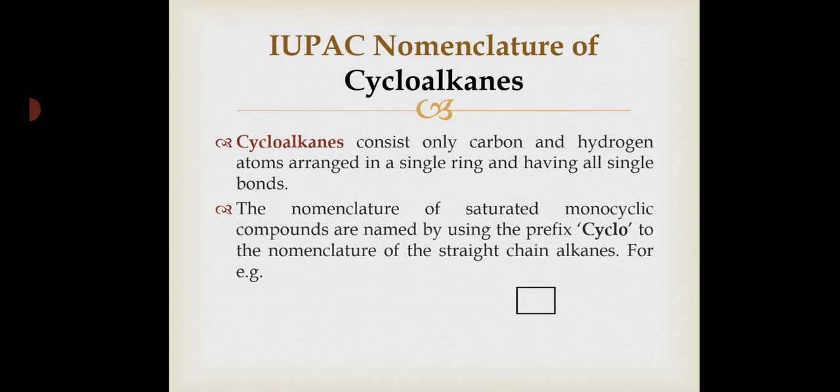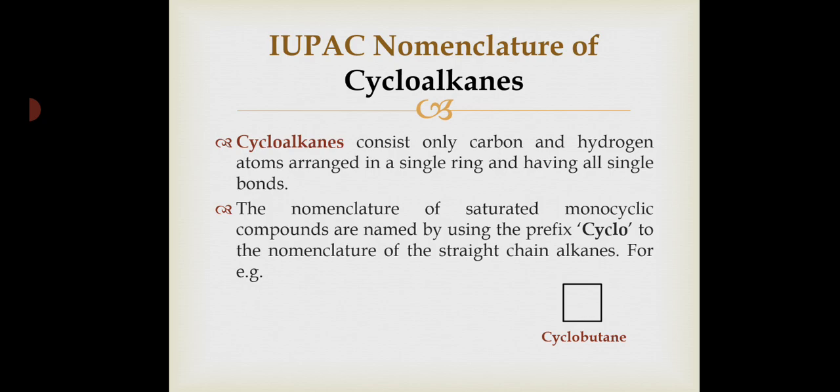So look at this example. This is a cyclic compound having 4 carbons. 1, 2, 3 and 4. So since there are 4 carbons, we can name it as butane.